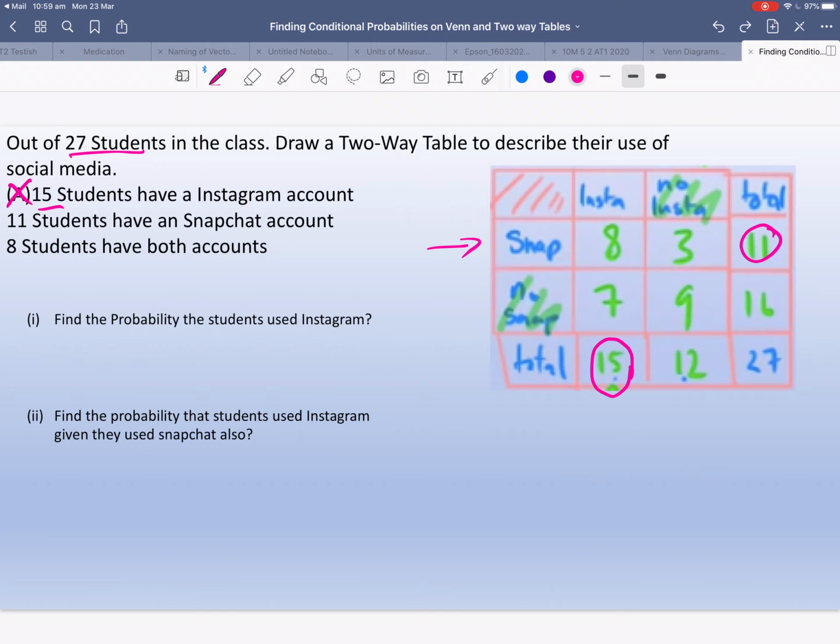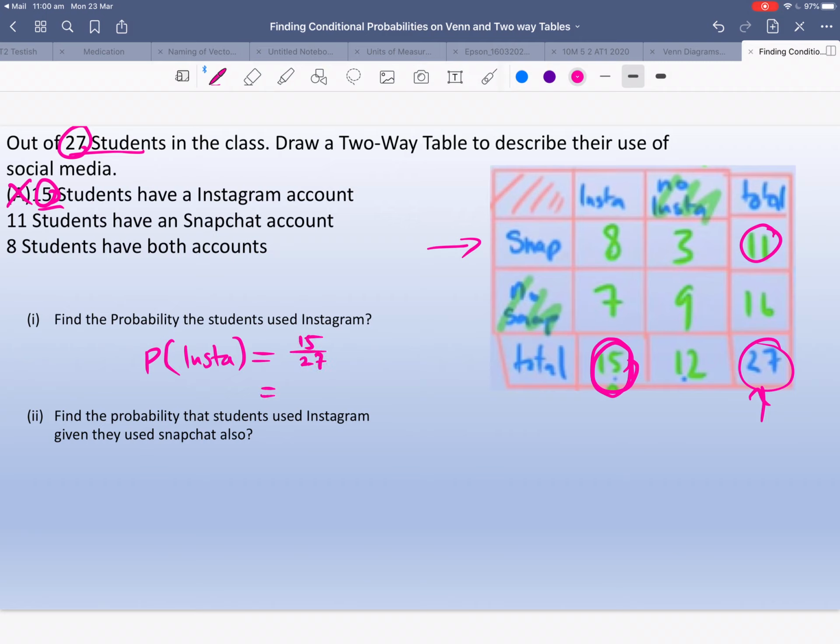It says, find the probability that students use Instagram. How many students are there in total? There's 27, and this box says it anyway. So the probability of students liking Insta: how many like Insta in total? We can look here or here, so it's 15 over 27.